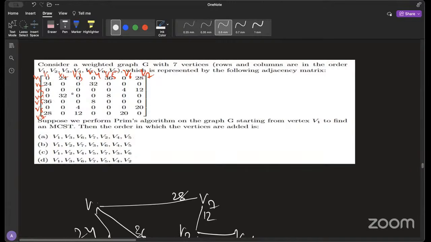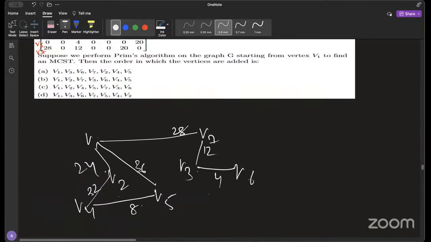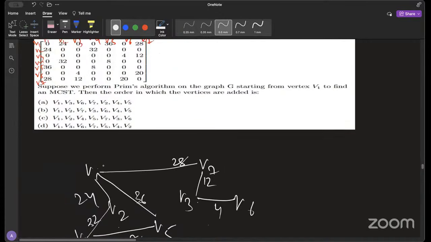Okay. And this Prim's algorithm is valid for negative weight graphs, right? In minimum cost spanning trees, you don't have the concept of negative weights. Okay.